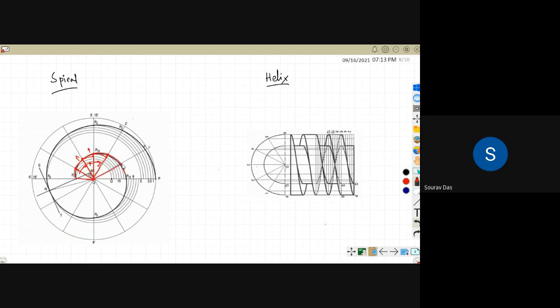When the line is here, this point has also moved to here. So the line is rotating about this end, and at the same time the point is moving in this direction. That locus of the point is known as spiral. So this is a spiral.